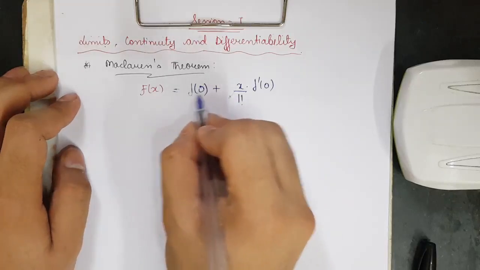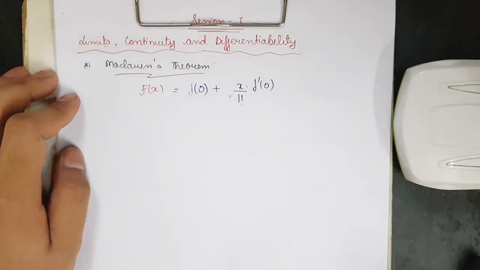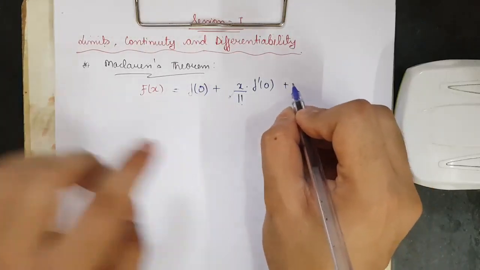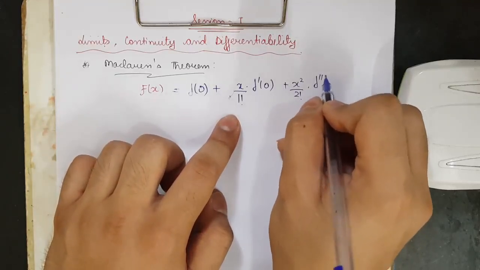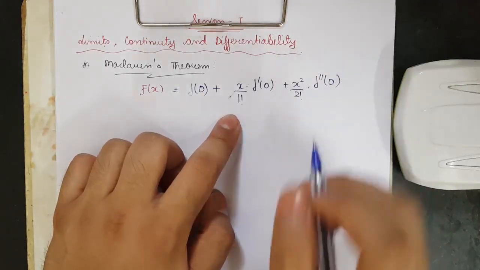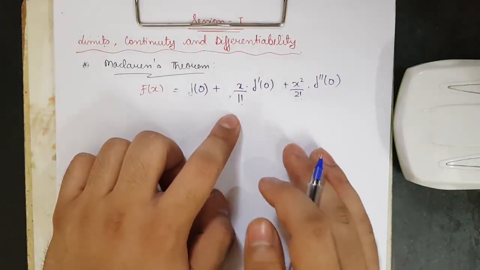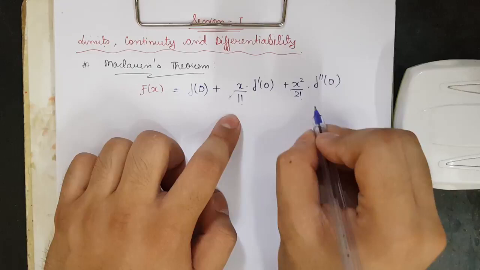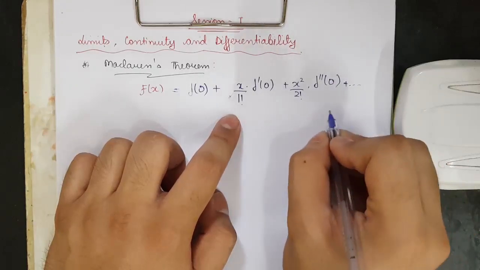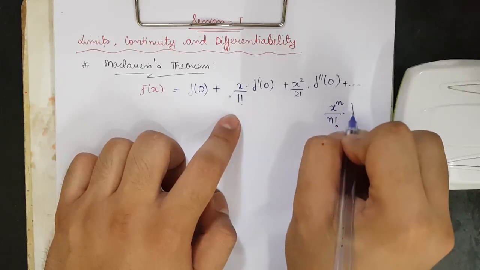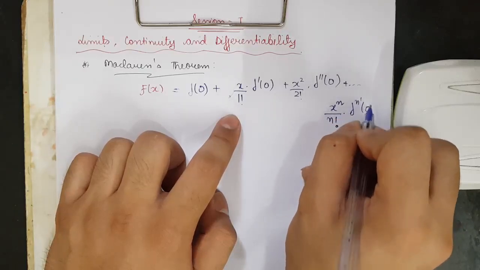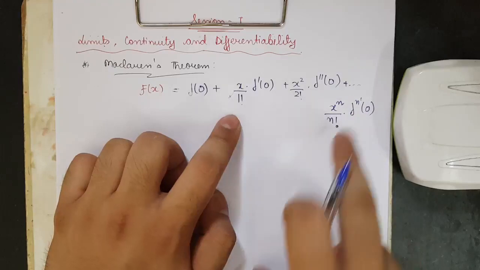So here also you can say that f of 0 upon 0 factorial, so that also will be equal to 1, plus x square upon 2 factorial into f double dash 0, that implies the 2 time differentiation of f of x by putting x is equal to 0, plus we move on till x raised to power n by n factorial into f raised to power n dash upon 0. Basically we differentiate here n times.